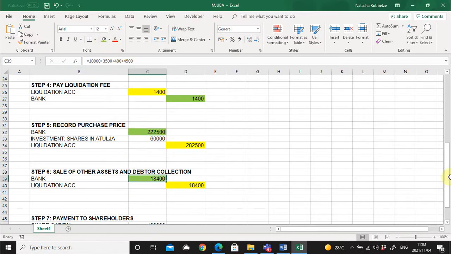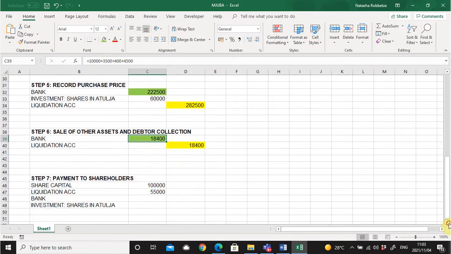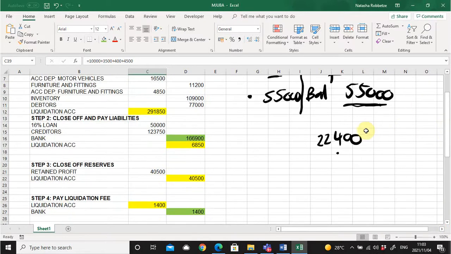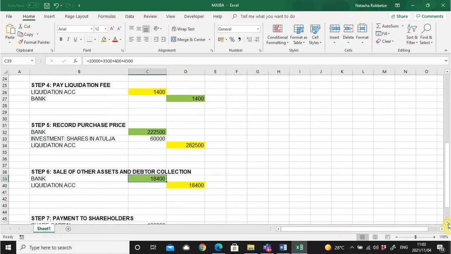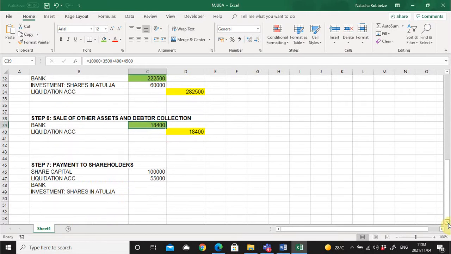Now the debits will cause an increase, the credits will cause a decrease. So I'm starting with the 22,400 within the statement of financial position, and I'm minusing the 166,900. I am minusing the 1,400. I am adding the 222,500, and I am adding the 18,400, and that gives me a bank total, a debit of 95,000.